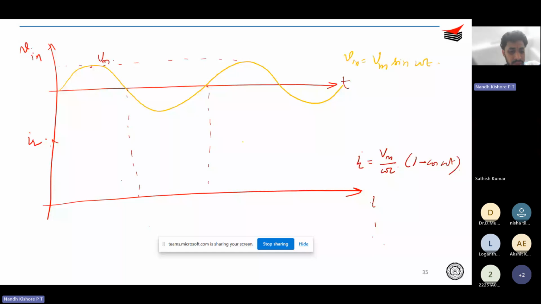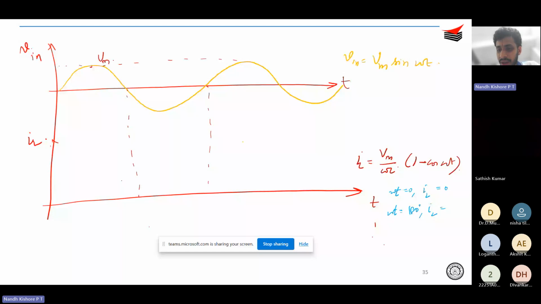From this itself you substitute. At t equal to 0, our IL is 0, since cos 0 is 1, so 1 minus 1 is 0. Let's say omega t is equal to 180 degrees. Cos 180 is minus 1, so 1 minus of minus 1 is 2.